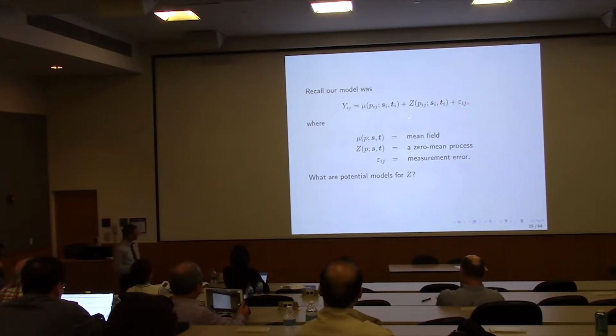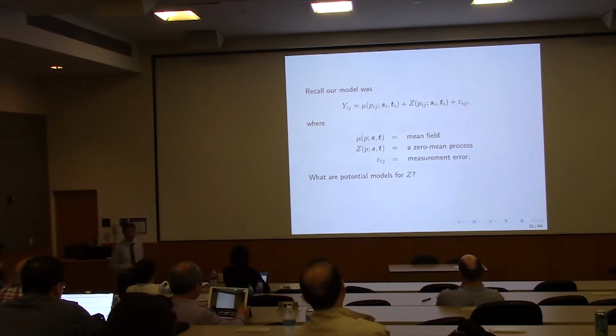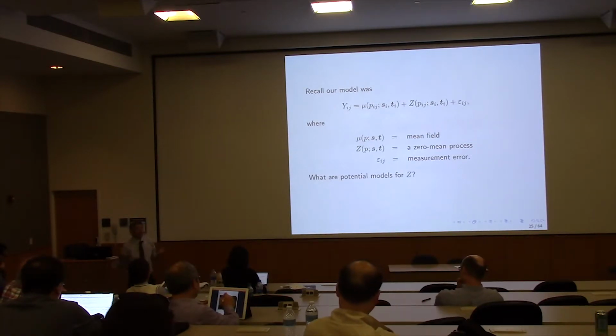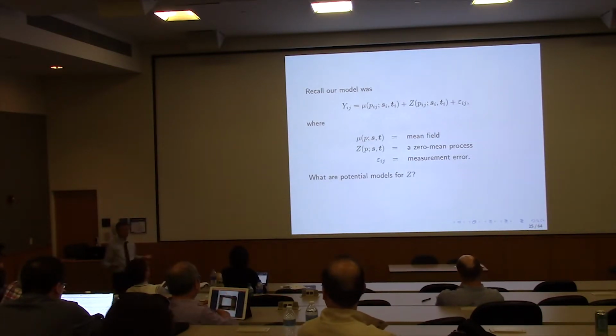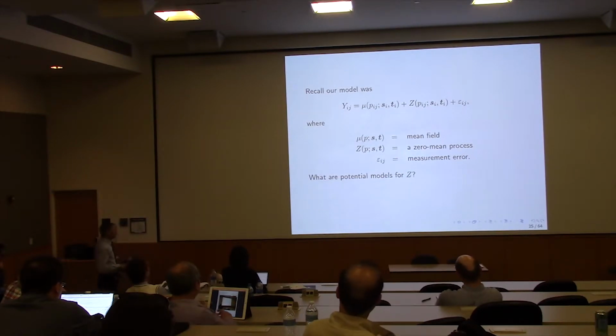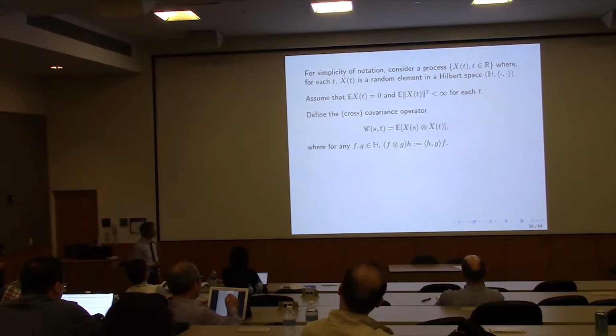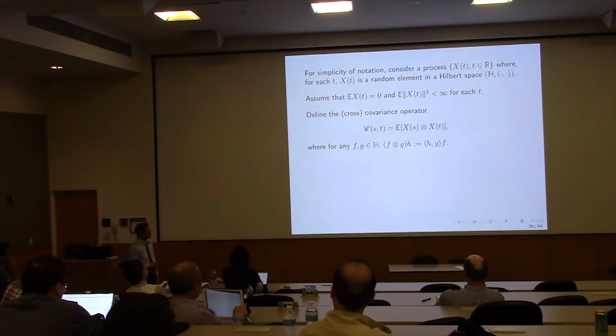Okay, so this is the first part of the talk. Now, the second part has to do with thinking about what are some of the suitable models we can use for Z to capture dependence. The first model that comes to mind, which is really not a model, but stationarity. Can we use a stationary process to do this? Recall that I'm taking a functional data perspective.